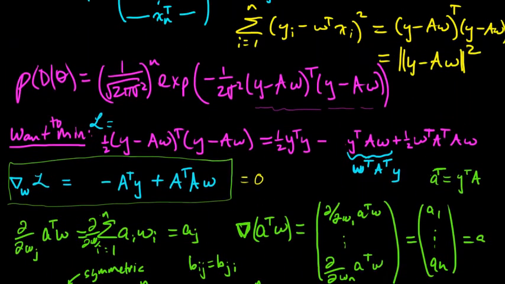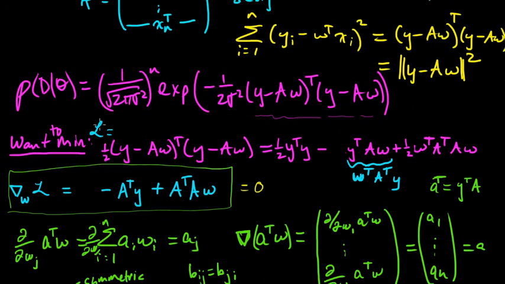Back up to here. We minimized this function L. This is a function of W. And minimizing this is the same as maximizing, if we include the minus signs, maximizing minus that, and the constant makes no difference. And maximizing that is the same as maximizing e to that, because e is order preserving.